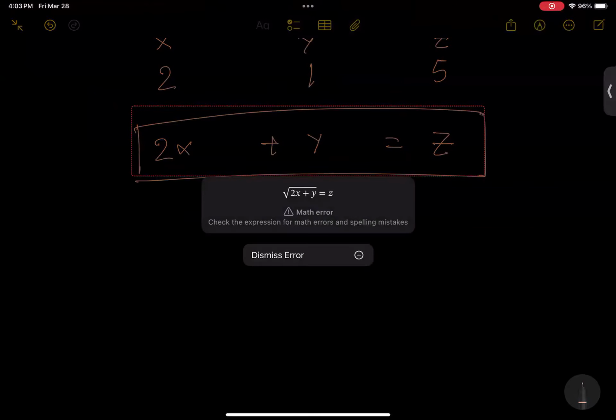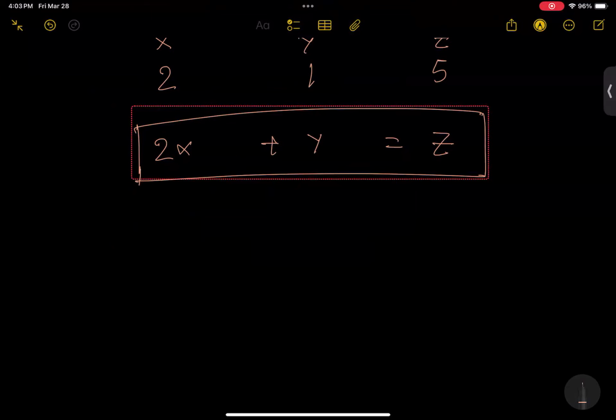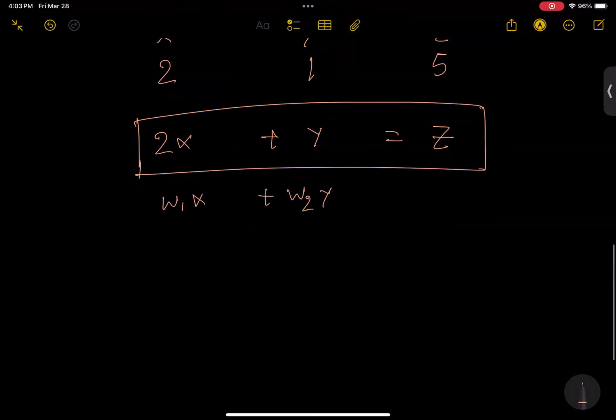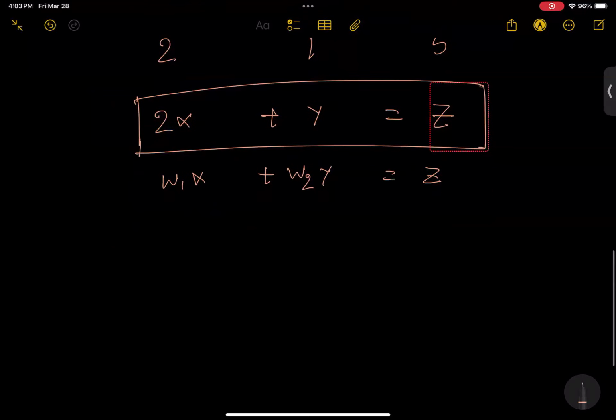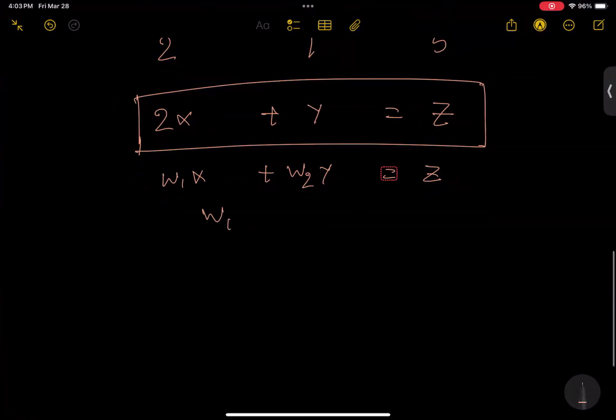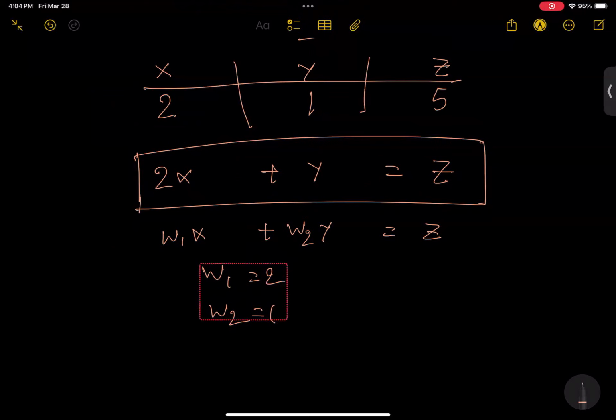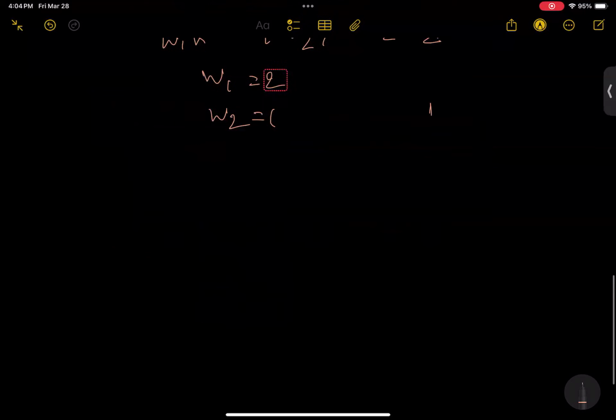In this case, this equation can be rewritten as W1x plus W2y equals z, wherein W1 equals 2 and W2 equals 1. Now, given this table of x, y, and z, let's build another table.